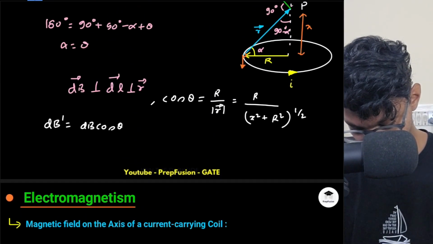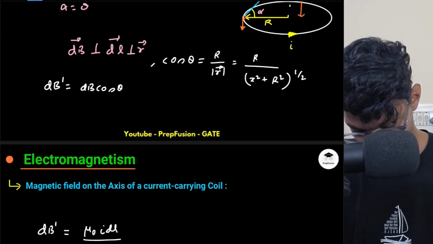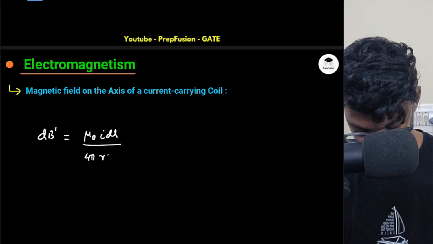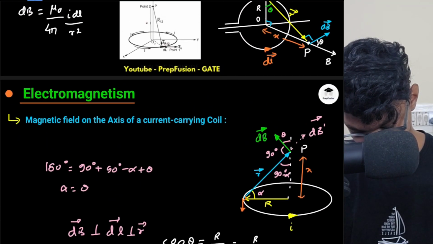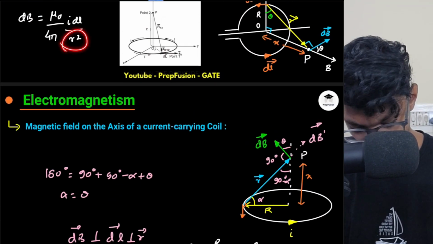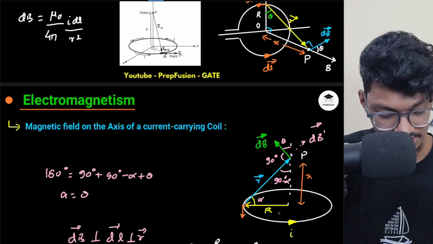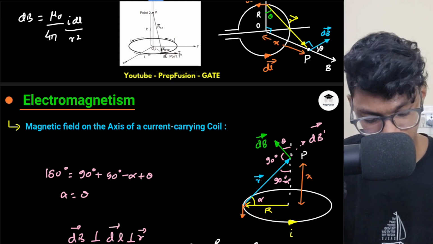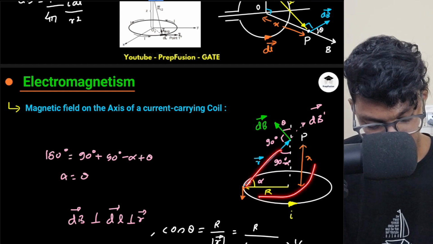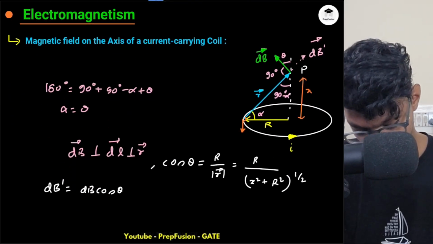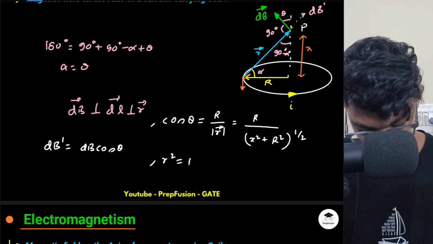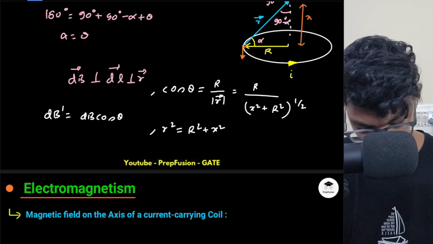I dl by 4 pi r square. I want to replace r square in terms of r and x, because r and x will be given in the question, r square won't be given. So r square equals capital R square plus small x square, right?